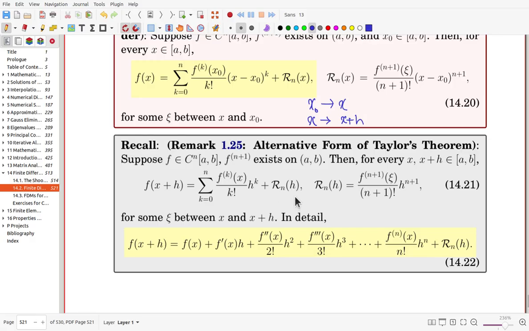In detail, we can see here f at x plus h, the perturbed point, is given by using the function values and derivatives evaluated at x, we have this polynomial in h, and then the remainder part. That's one alternative form of the Taylor theorem. We'll use this form later on.